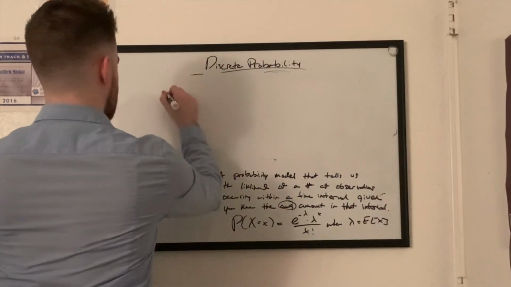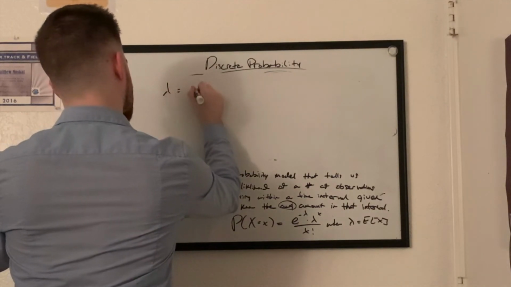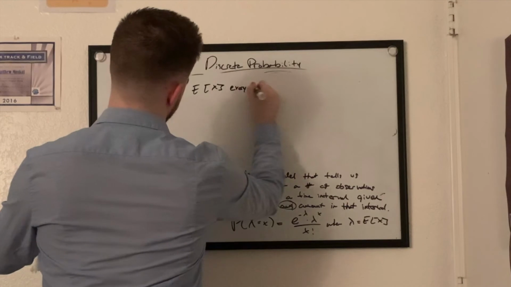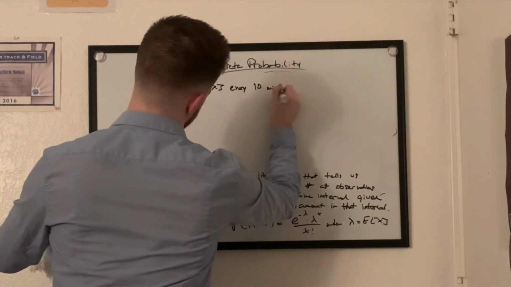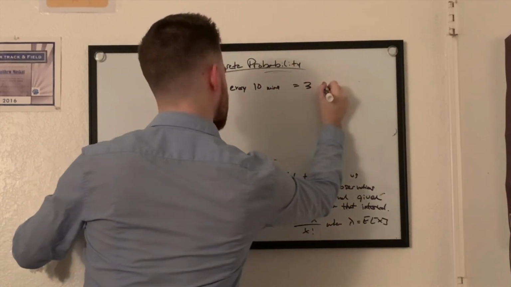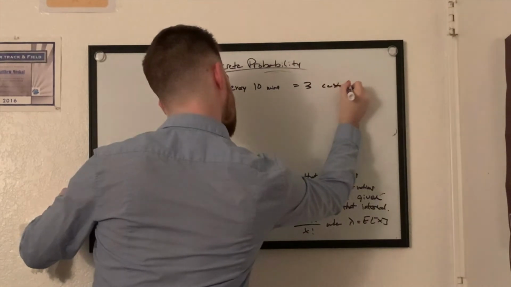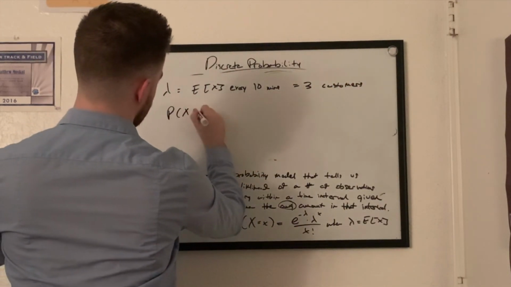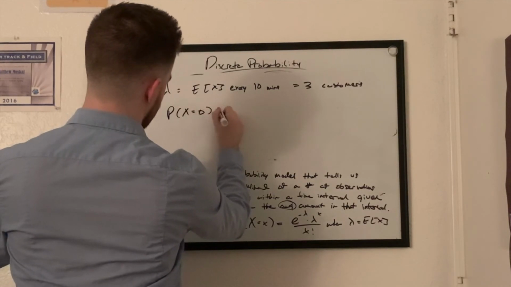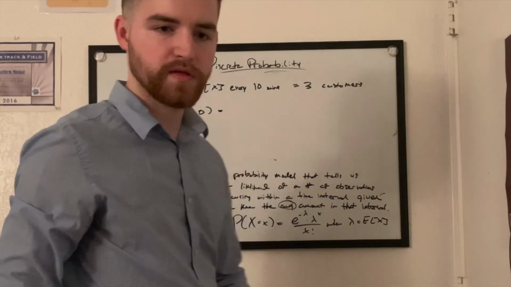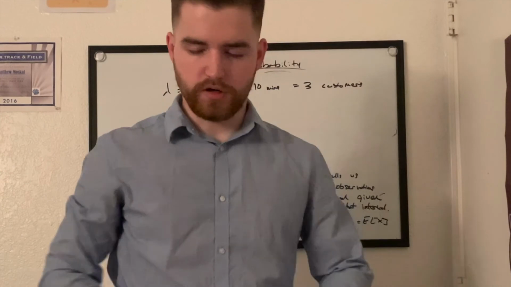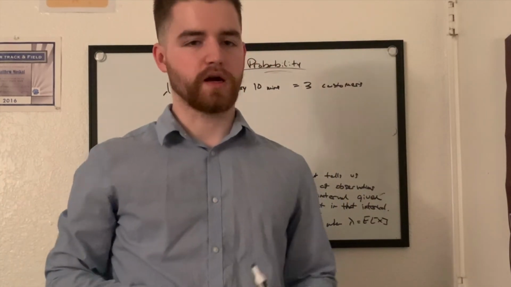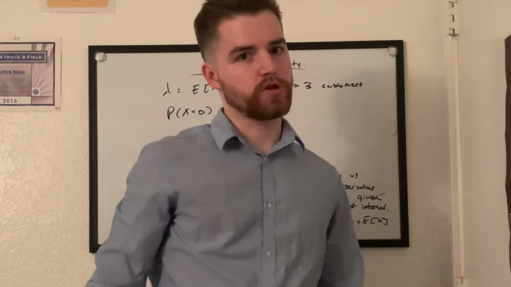So your lambda, or your expected value, every 10 minutes is equal to 3 customers. What if you want to know the probability the line is completely empty? That you are going to walk up to the line and get in and out really quick. You're not going to have to wait at all. You might want to know the chances of that happening.